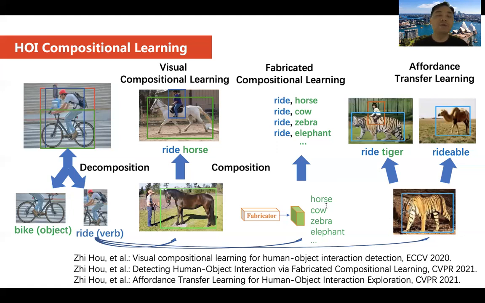Inspired by the success of feature generation for recognition, we propose a fabricator to fabricate object representations. Specifically, we fabricate balanced objects for each verbal in mini-batch, and thus effectively ease the long-tailed, few-shot, and zero-shot issues. The fabricated compositional learning approach has been accepted in CVPR 2021.